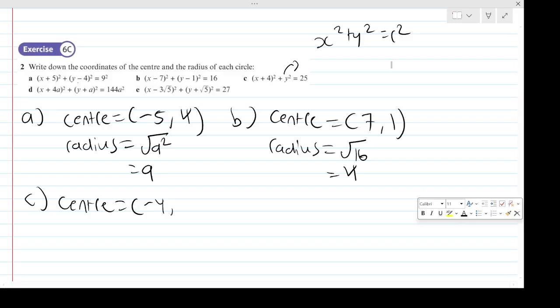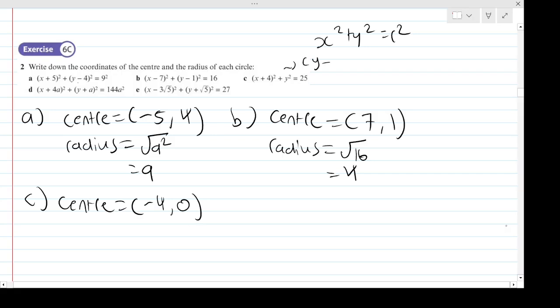So y is 0, right? So the centre will be y equals 0 for that part. And you can see that as well, because y squared is the same as y minus 0 squared. So therefore the centre must be 0, okay? Anyway, so then the radius, well, again, the square radius is 25, so the radius alone is the square root. So root 25, which should be 5.